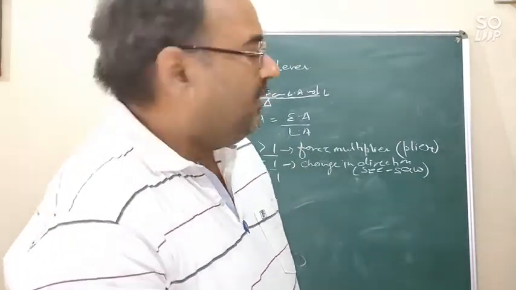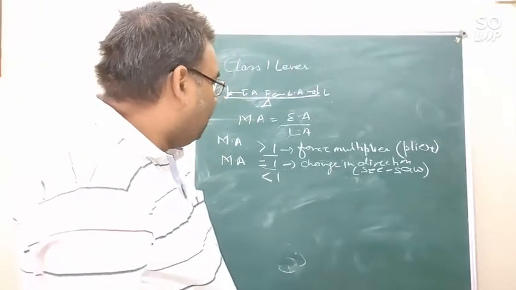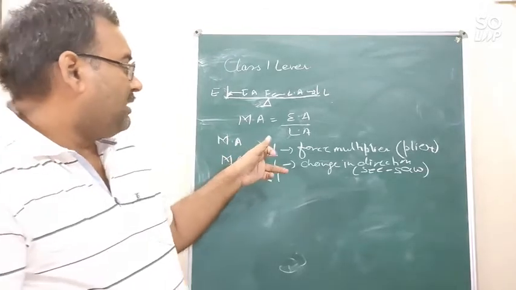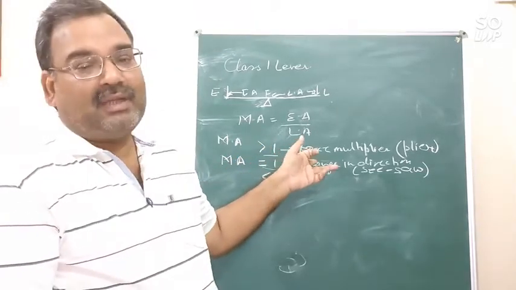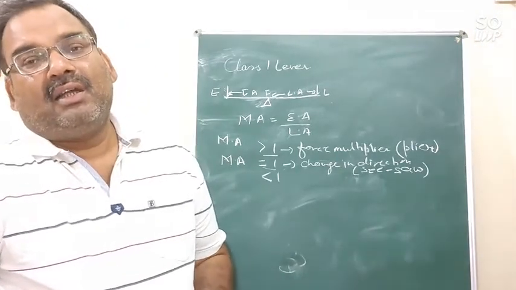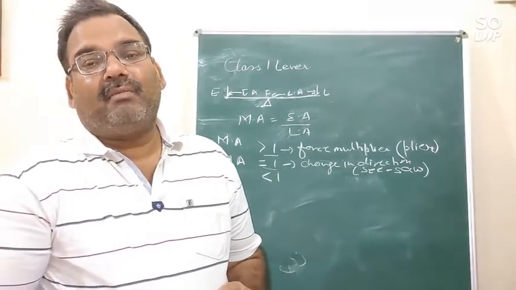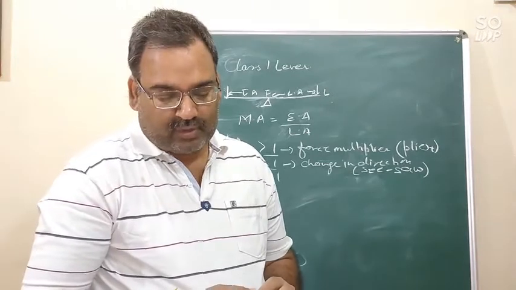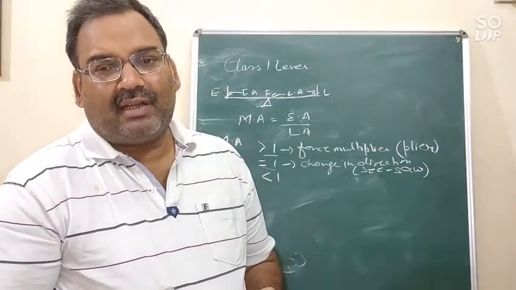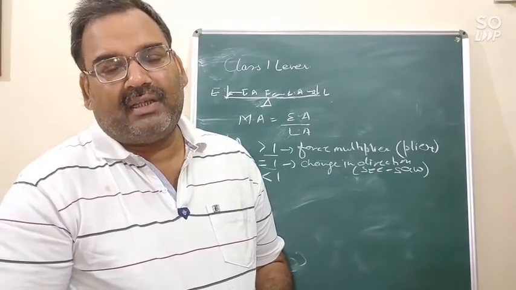Then we have another example of class 1. There are many more examples of first kind, mechanical advantage greater than 1, force multiplier. Like when you are opening the lid of a tin by using a spoon. You raise the spoon over the mouth of the container or can, and then you are opening the lid.